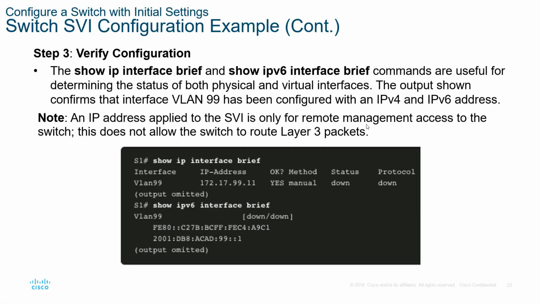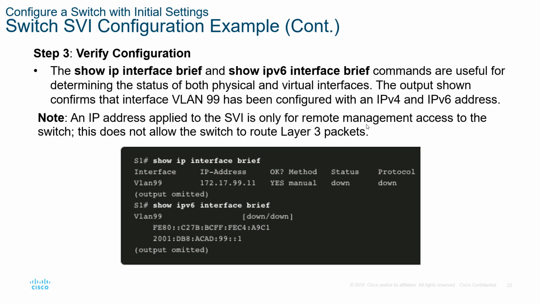Remember that just because the switch has an IP address, that doesn't mean the switch will route IP packets. A switch typically is layer 2, and all routing will be performed by a layer 3 device. So the switch, while it has an IP address, still needs to send all IP packets destined outside the network to the layer 3 device, or typically the router.